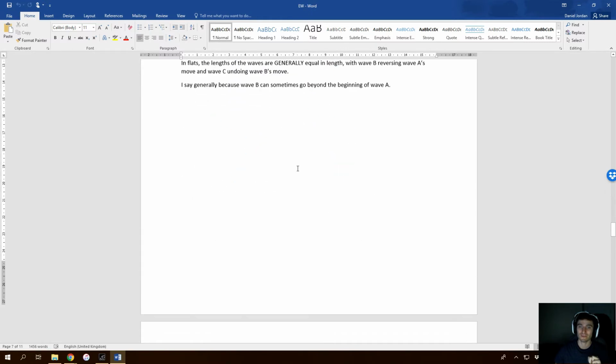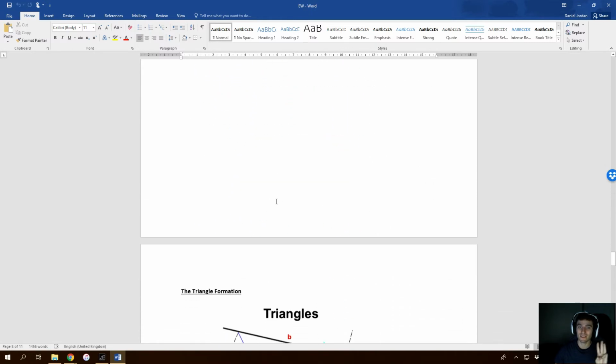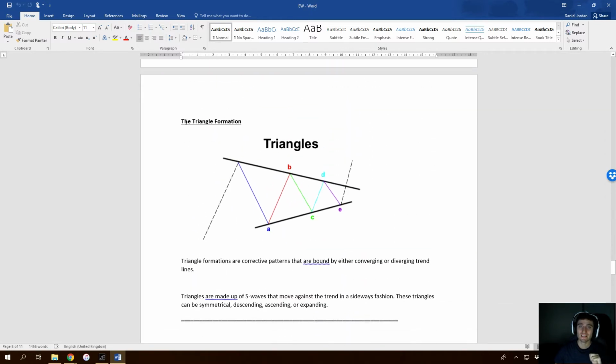So far we've covered the flats and the zigzags, and the third that you are likely to see is the triangle formation. The triangle formations are corrective patterns that are bound by either converging or diverging trend lines. The triangles are going to be made up the majority of the time of 5 waves that move against the trend lines in a sideways sort of fashion. These triangles can be symmetrical, descending, ascending, or expanding.